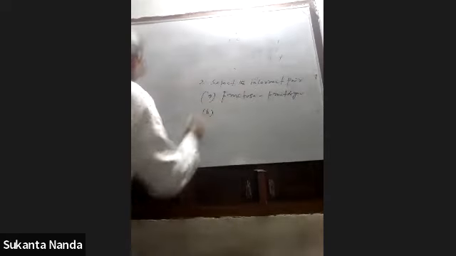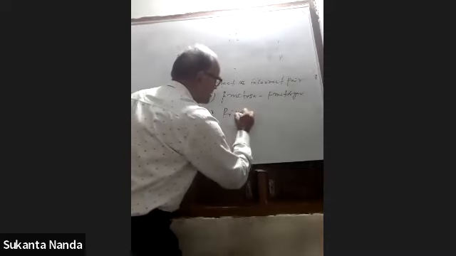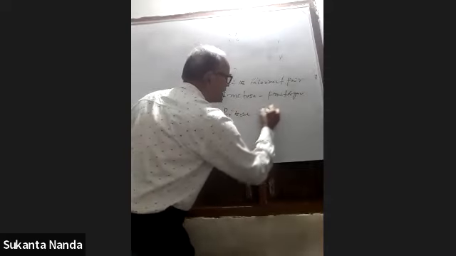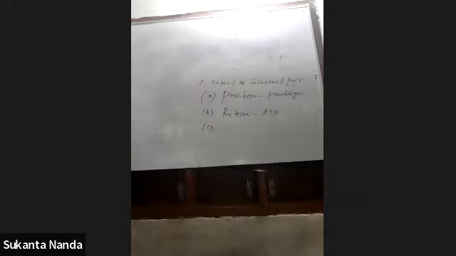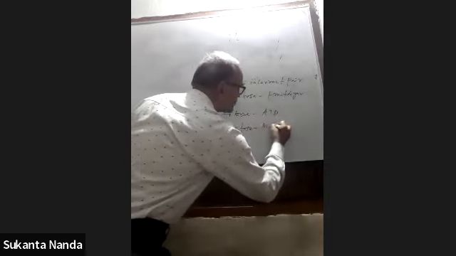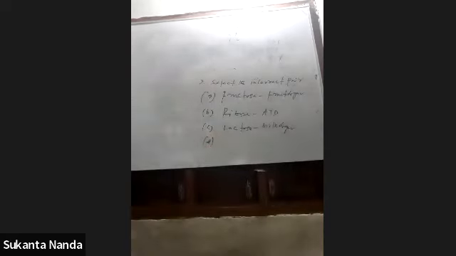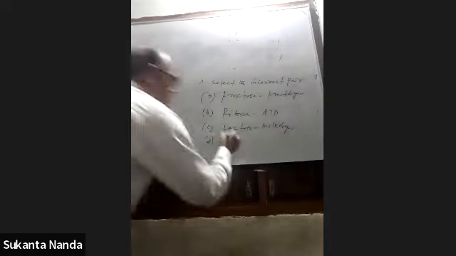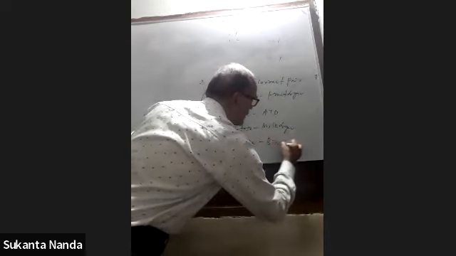B, ribose, ATP. I'm just writing, you have to write with me also. C, lactose, milk sugar. D, glucose, brain sugar.